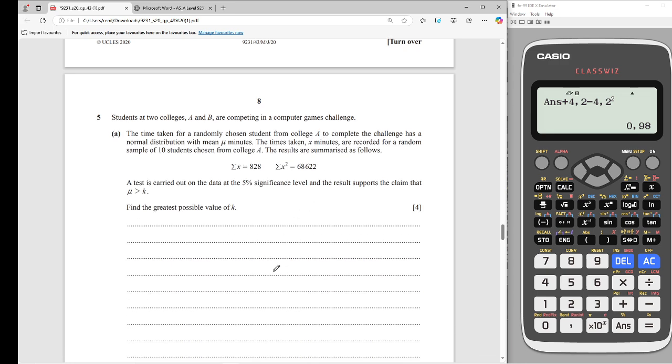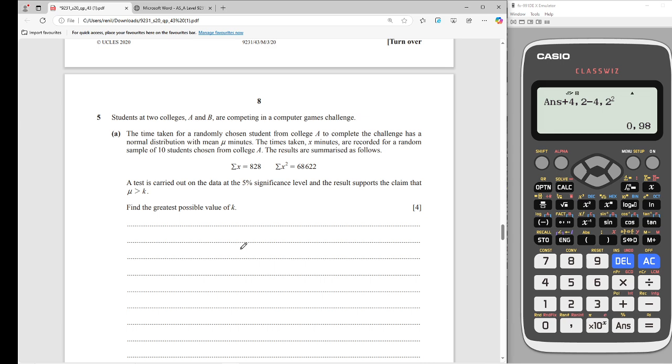Going back to inferential statistics, okay, so there are two colleges A, B competing in a computer games challenge. Time taken for a randomly chosen student from college A to complete the challenge has a normal distribution with mean as mu. The time taken, x minutes, are recorded for a random sample of 10 students chosen from college A. The results are summarized as follows.